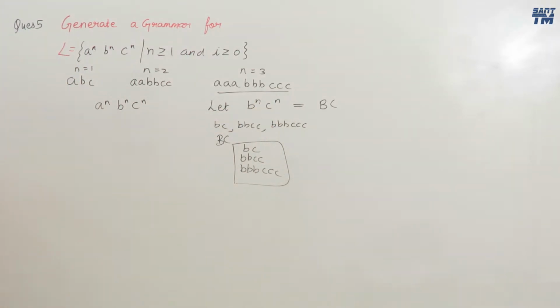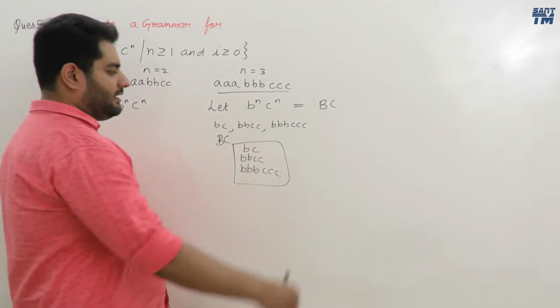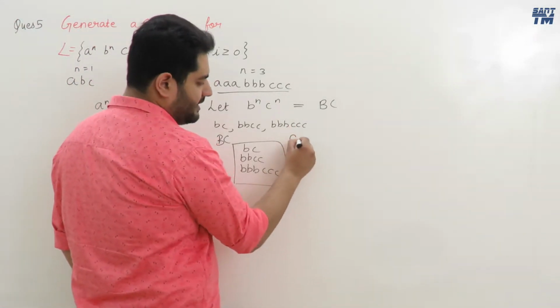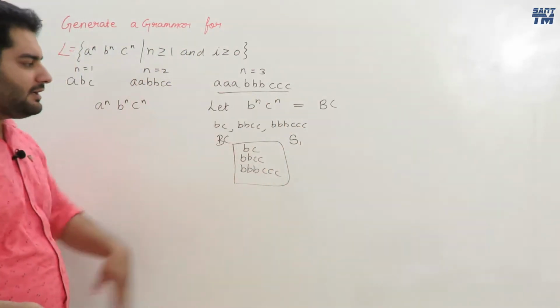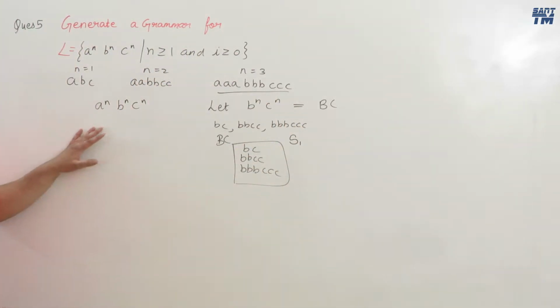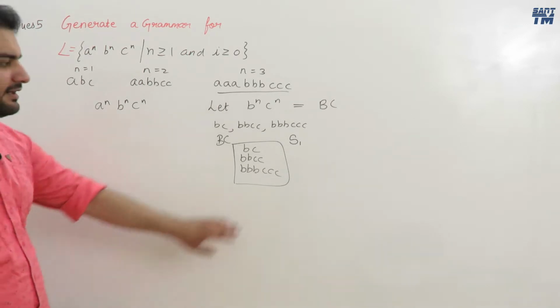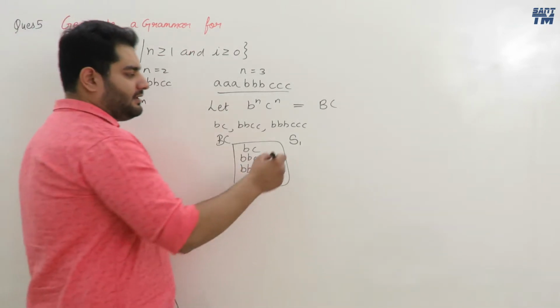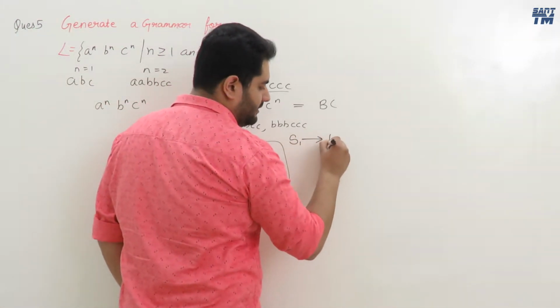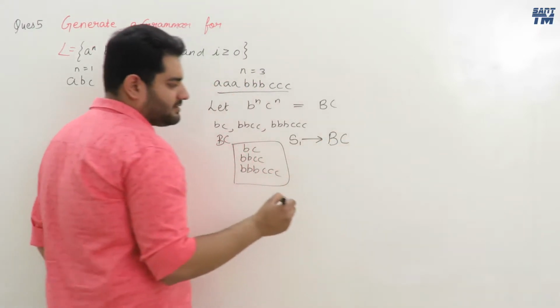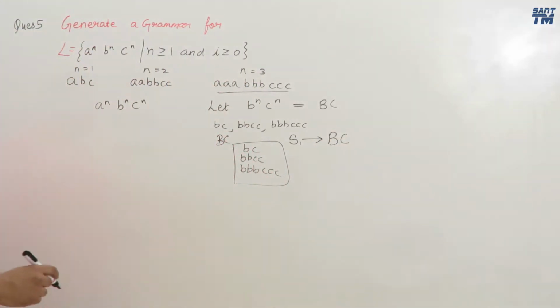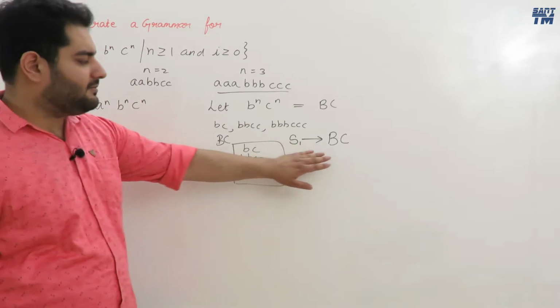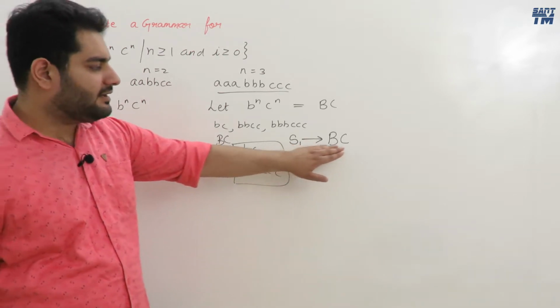We have assumed this. So now we can have a production rule. Take a start symbol S1, because we cannot take S; S can be taken in our original expression only. So S1 derives BC. This means that from this start symbol we can derive BC.